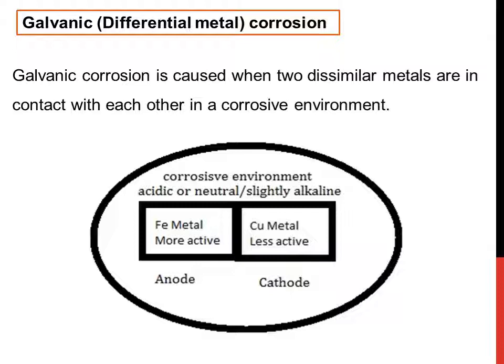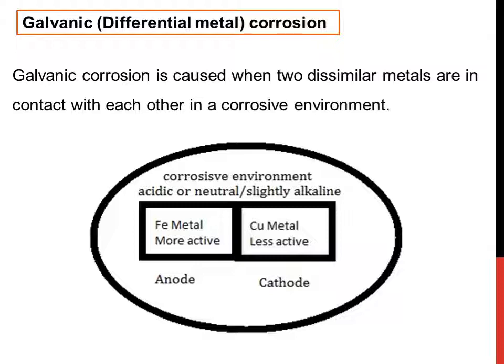The potential difference, that is the voltage between the two different metals, is the driving force for the destructive attack on the anode part. The anode is the more active metal where the oxidation process takes place and electrons are liberated, and the current flows through the electrolyte to the more noble metal, the cathode part. The less noble metal always undergoes corrosion here.